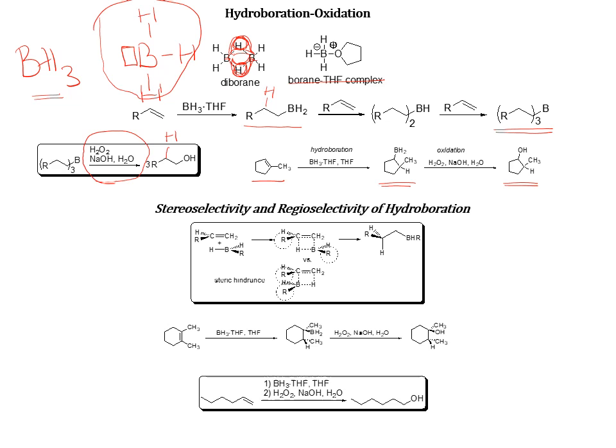The reason behind this observed stereoselectivity, and actually regioselectivity, anti-Markovnikov is regioselectivity, and you will see in a moment the stereoselectivity, is in the transition state. So the transition state is shown here in the middle. So borane reacts with a carbon-carbon double bond, and these are the two possible transition states.